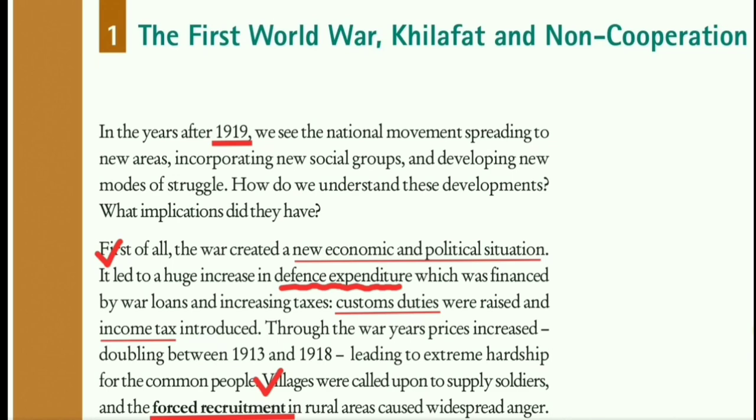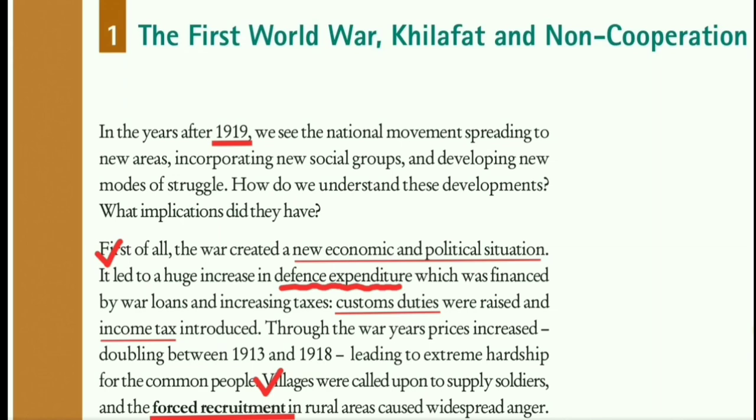Now the second thing: the villages were called upon to supply soldiers, and the forced recruitment in the rural areas caused widespread anger. Now, during the war, as we know, there is loss of property as well as loss of life. Many army men die at the war front.